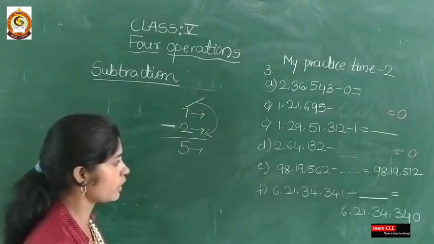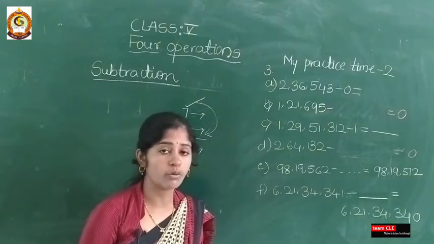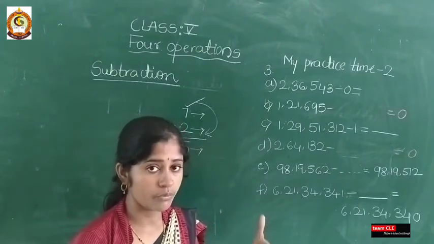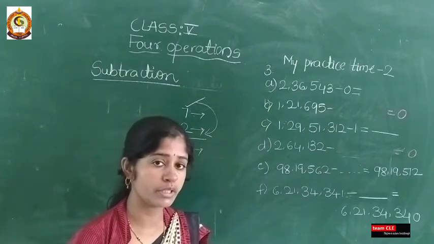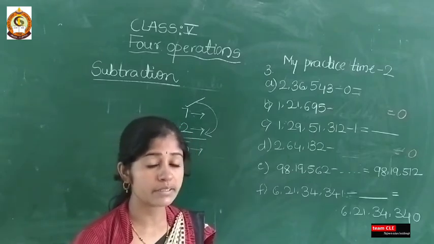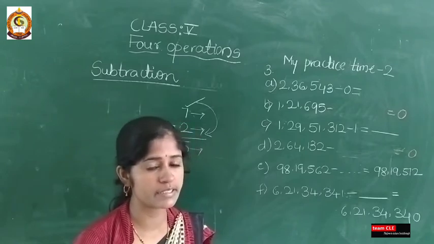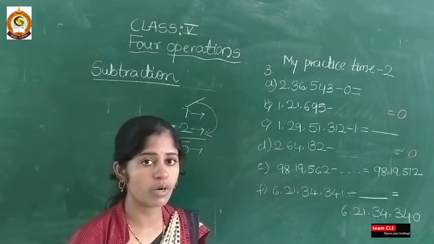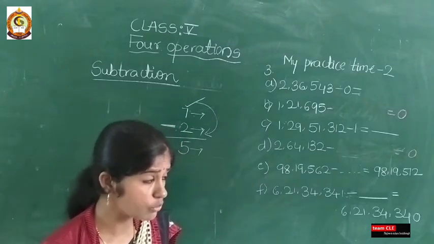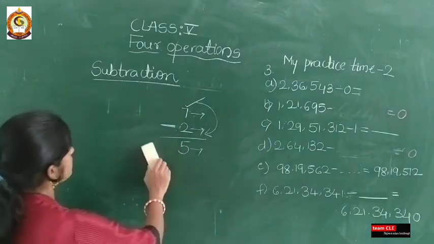So this is a small example. You have been learning subtraction since first standard, and whichever procedure you followed there, here also you have to follow the same method, but there the digits were fewer, here the digits are more, means here you are learning 7 and 8 digit subtraction. Okay, so this is about subtraction.